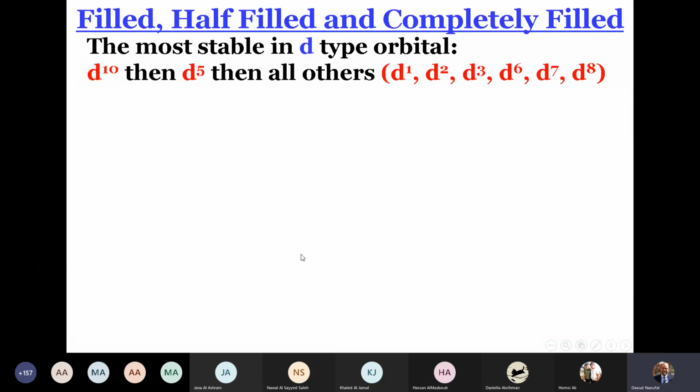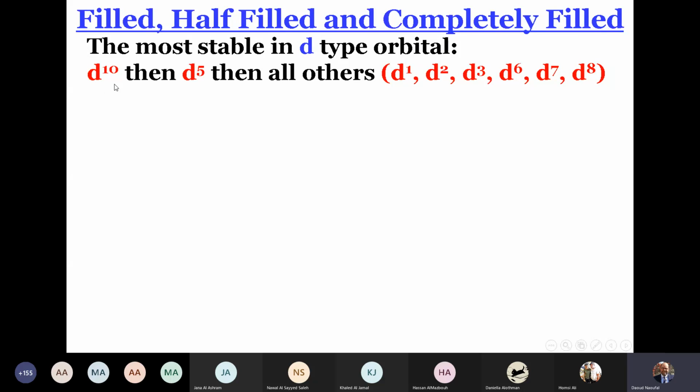The completely filled orbital is the most stable, then the half filled, then the others. So the most stable in a d-type orbital is d10. Any electronic configuration that ends with d tends to have d10. If it cannot have d10, the second most stable state is d5.